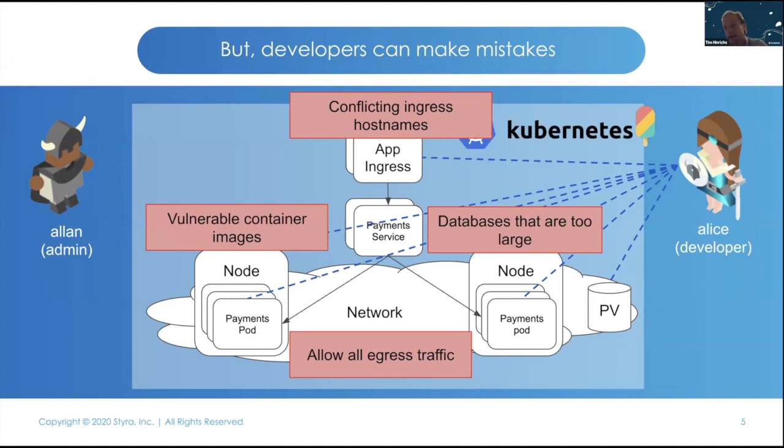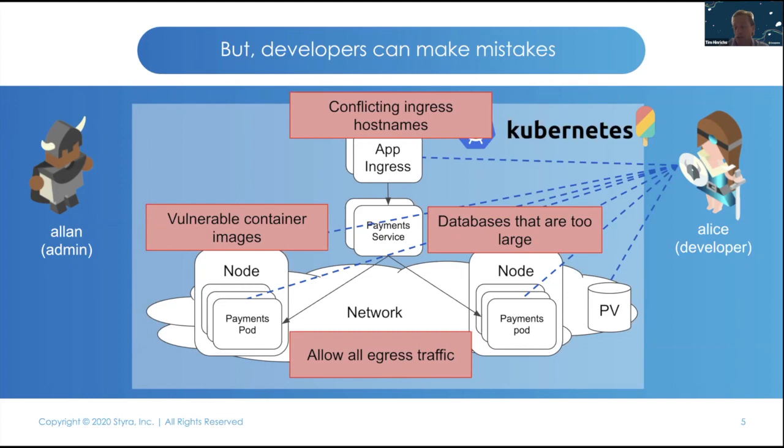Or maybe they accidentally configure the network policy to allow arbitrary egress or arbitrary ingress traffic. Or maybe they try to launch a new ingress on top of Kubernetes that uses the same host name or DNS as another existing ingress. Or maybe they try to launch a database that's just out of bounds, too large, requiring too much memory and disk for the organization. And so all those kinds of mistakes are just things that people make.